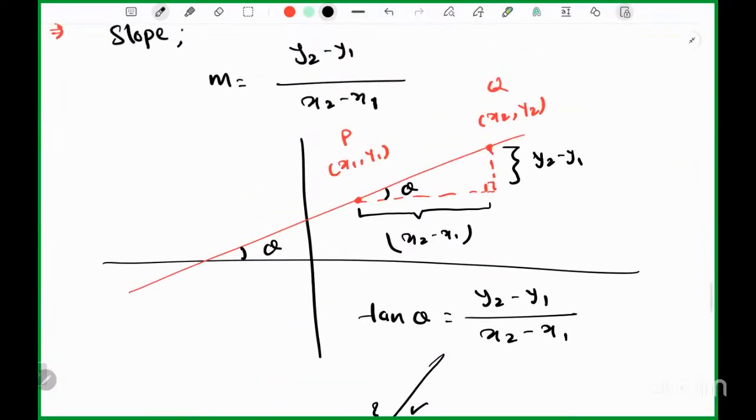Here, these two lines are parallel, and this line L is intersecting two parallel lines. So whatever angle is formed here, this angle and this angle will be the same. So theta is the angle formed by our given line L and the x-axis. Using this angle theta also, we can judge what our slope is.